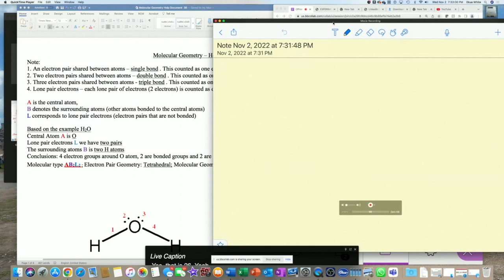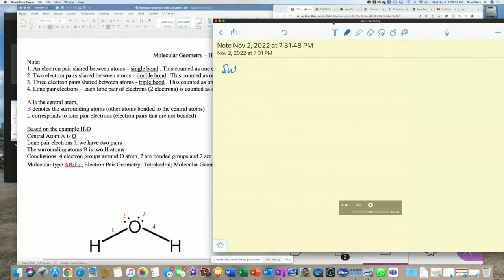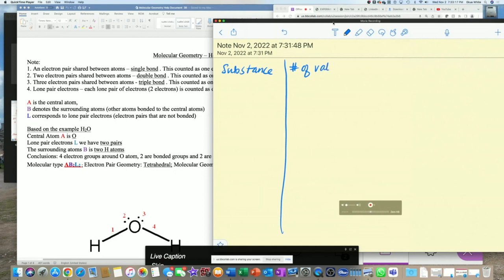Okay, so I'm going to page 27 where we have the actual data table, right? Over there, you're given a substance, and then I just write here number of valence electrons. I'm trying not to write too much.